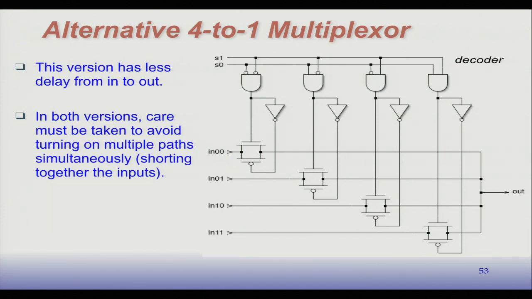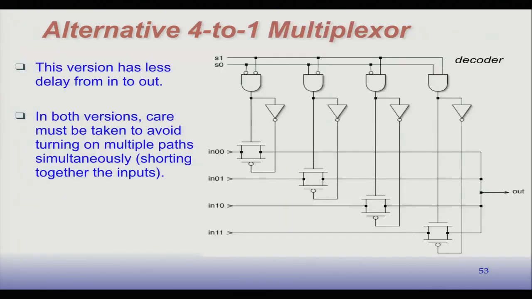But if you do that, then the dividend is there's less delay here. So this is the type of circuit you would do if these signals came early, those were available early, and you wanted to minimize the delay on the data lines. You could use this one versus the other one. Okay, so just a small variation, something interesting to think about.